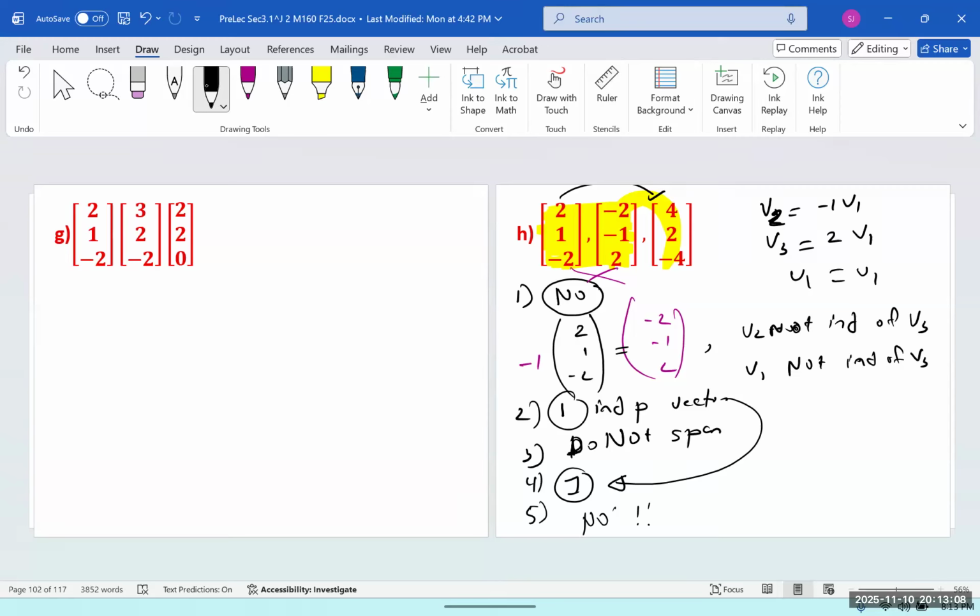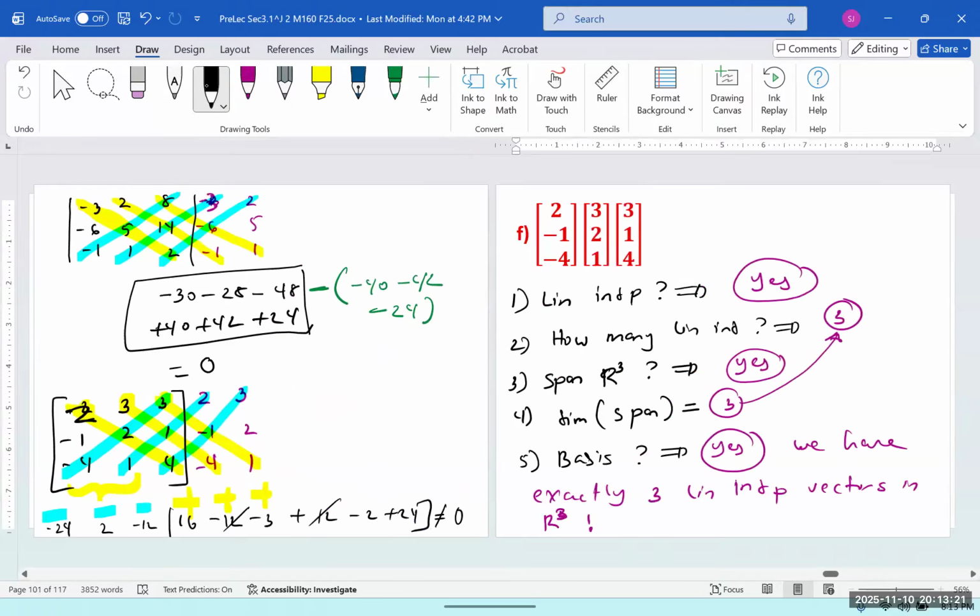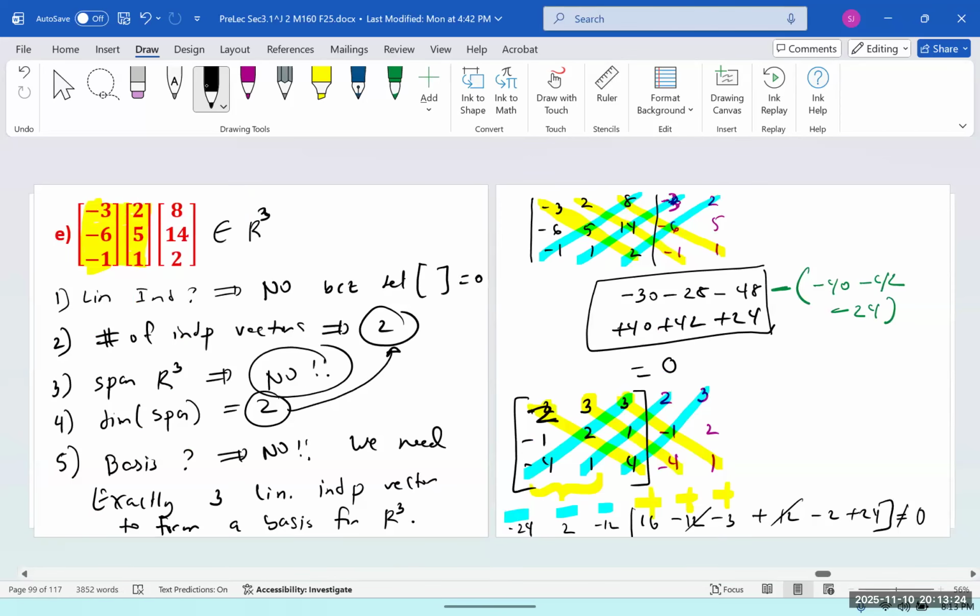But let's say one of them, like V1 and V3, were dependent, but V2 wasn't dependent on either one. Like this example, the last one. None of these are dependent on each other, though.